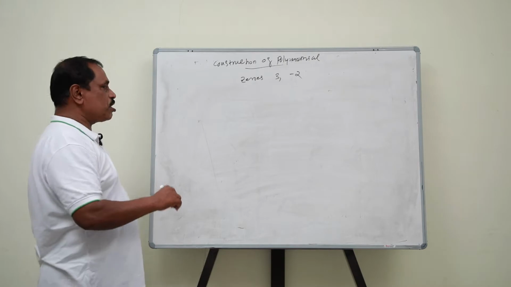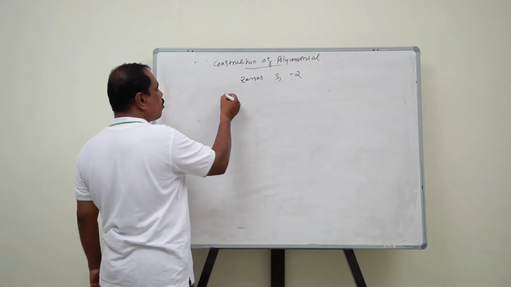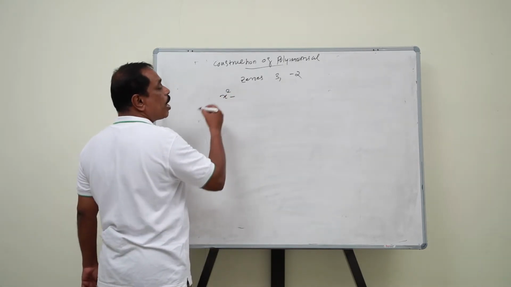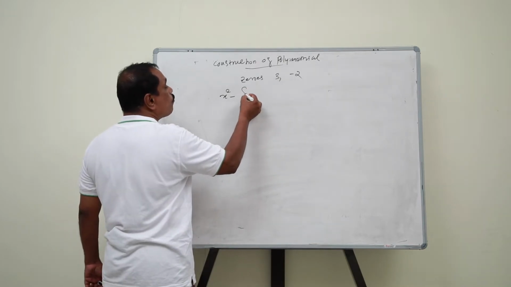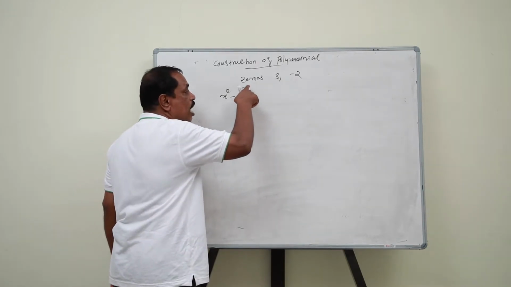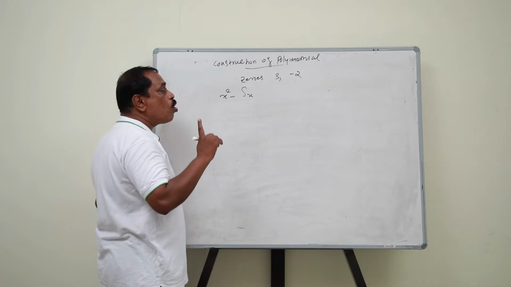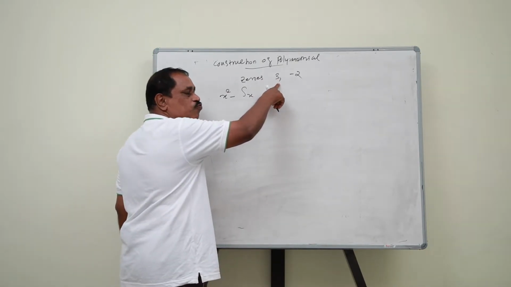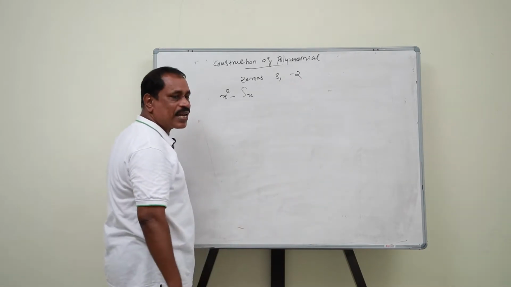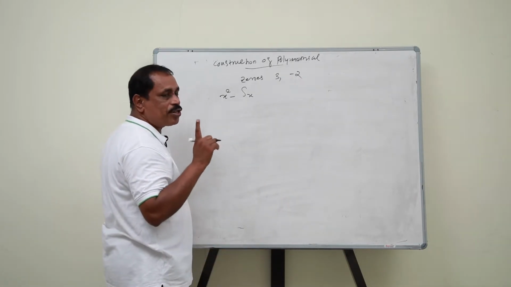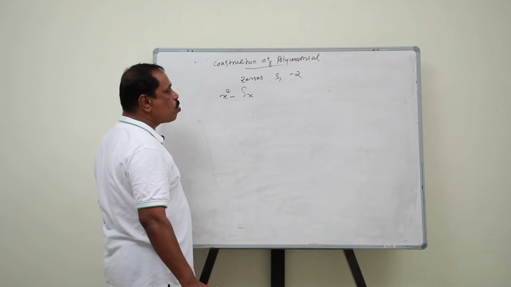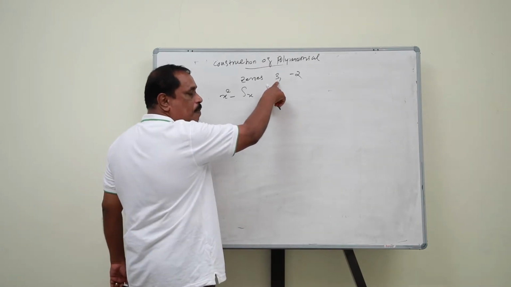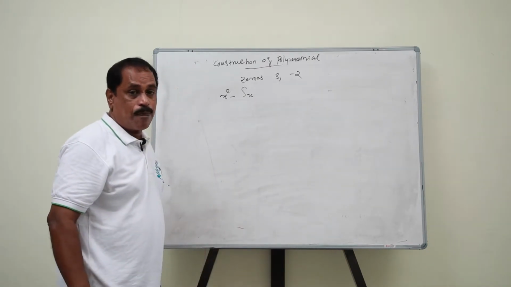We can construct a quadratic polynomial by using the formula x squared minus (sum of the zeros) into x. S stands for the sum of the zeros, or some students would write alpha plus beta. Alpha is one zero, beta is the second zero, because a quadratic polynomial has two zeros. One of them is represented by alpha and the second is represented by beta.